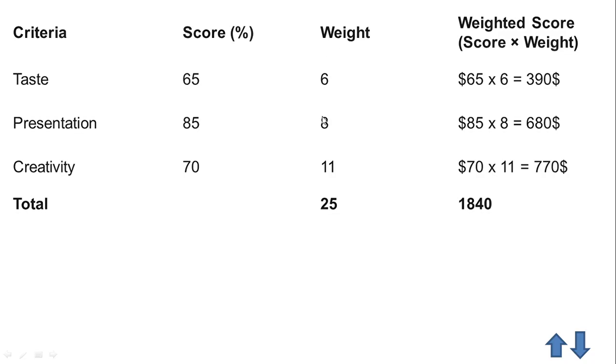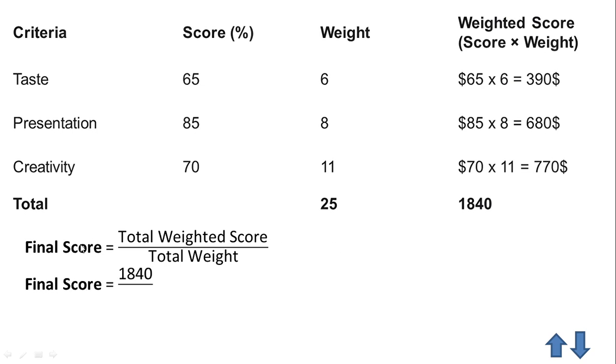This way the weight can act as frequency, and we want to get the mean, so we multiply scores and weights and we have a total. Our final score is the total weighted score, which acts as summation fx out of summation f. So the final score is 73.6%.